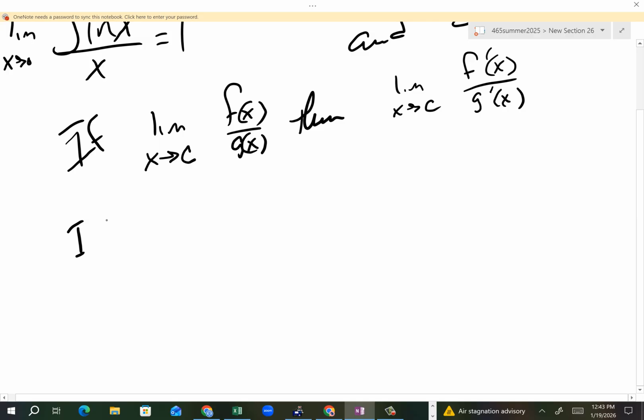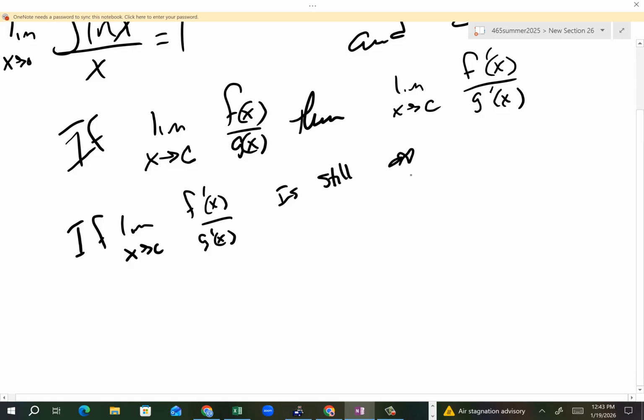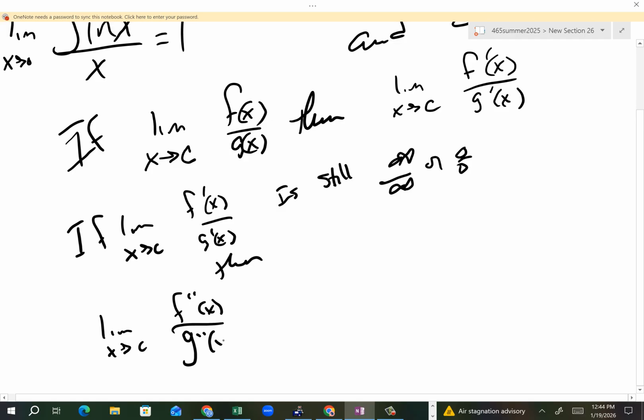If the limit as x approaches c of f prime of x divided by g prime of x is still 0 over 0 or infinity over infinity, either one, then take the limit as x approaches c of f double prime over g double prime. The idea here is they're going in the same direction. That's f and g.